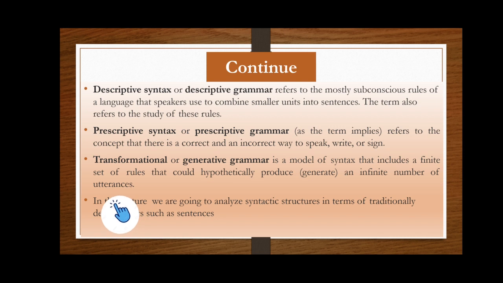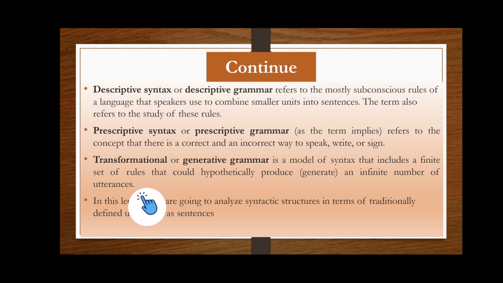For example, we have only 26 letters in the English alphabet, and we have 44 phonemes in English phonology, and out of 44 phonemes we make infinite utterances, in thousands, in millions, and in billions, formed and constructed with the help of only 44 phonemes.